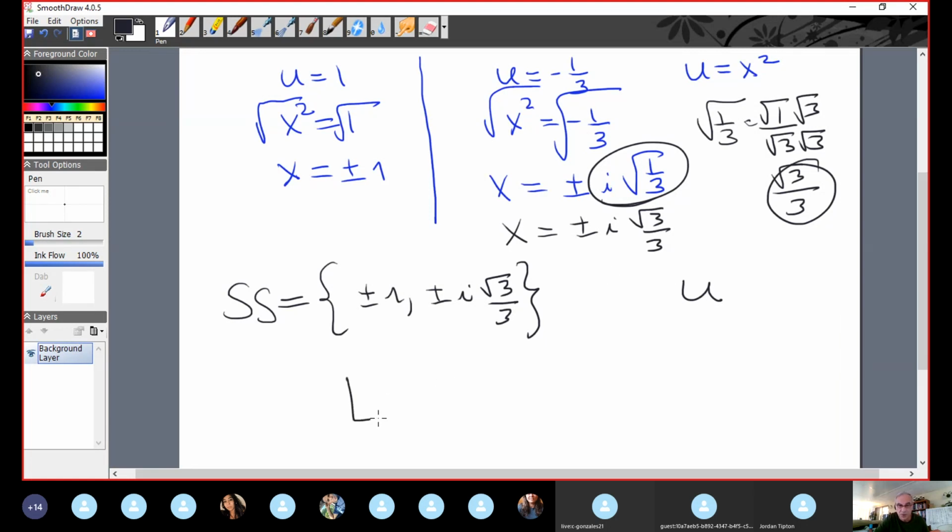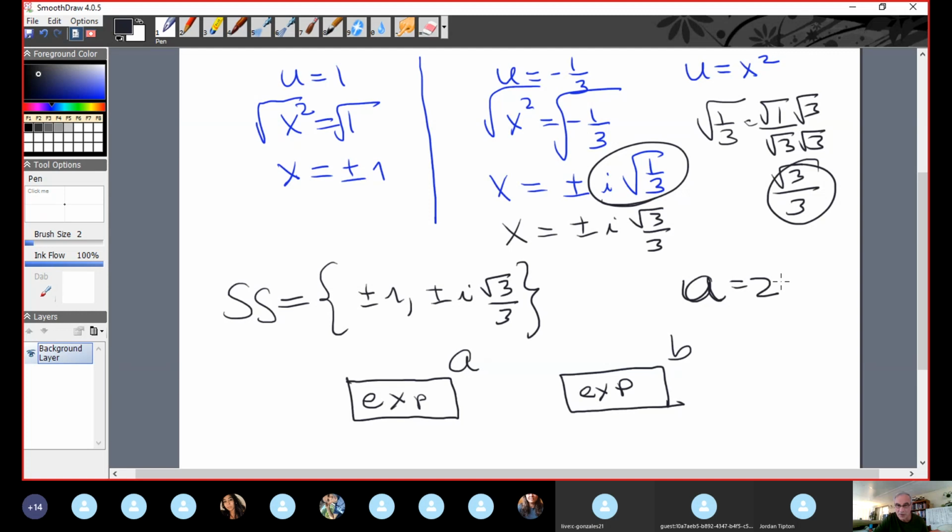The equation contains one expression and exactly the same expression, but with exponent A in one and B in the other, where A is twice B. Suppose this coefficient is 2, this coefficient is 3, and this one is 10, equal to 0.